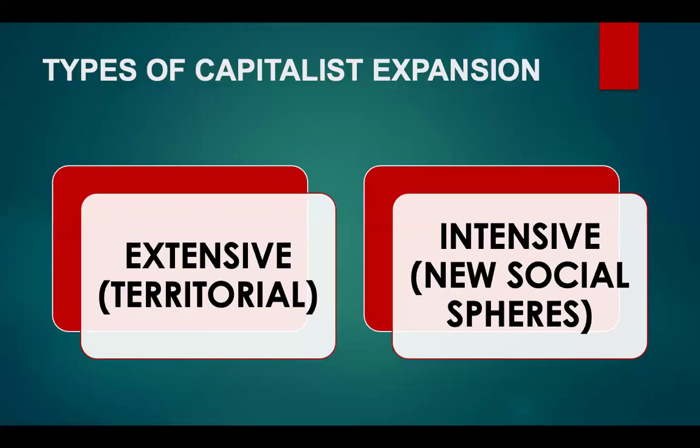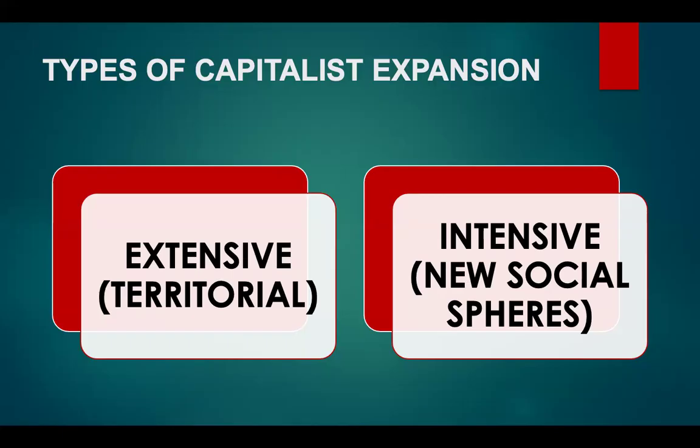Companies like Google and Facebook extract data from users and turn personal information into commodities. Gig and precarious labor, moving away from stable employment to contract work, platforms, for example, Uber, Amazon, and informal economies. These are all examples of the character of intensive capital's expansion.